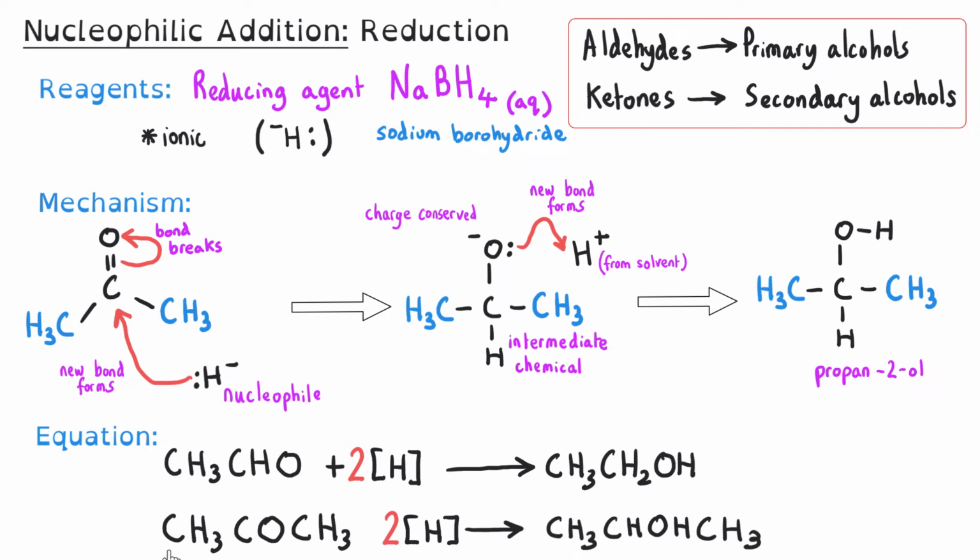We've got the structural formula of propanone, we've got propan-2-ol, and we're going to be needing to once again add 2 hydrogen from our reducing agents. That is always the case in nucleophilic addition. For reduction, we need to add 2 hydrogens from the reducing agent to turn our carbonyl compound into an alcohol.